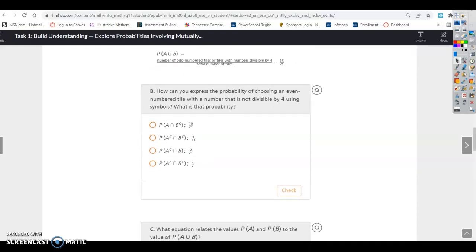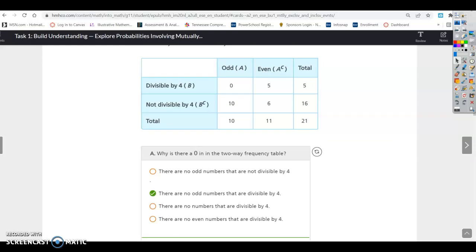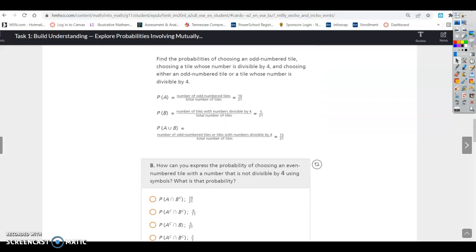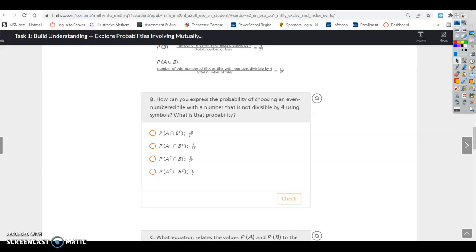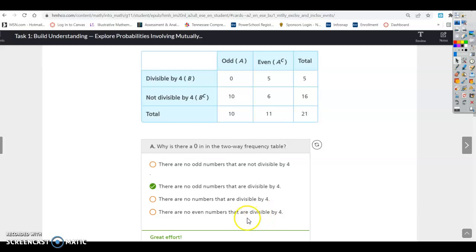So how can you express the probability of choosing an even number tile with a number that is not divisible by 4 using symbols? If we look up here, we're going to choose an even number tile and not divisible by 4.